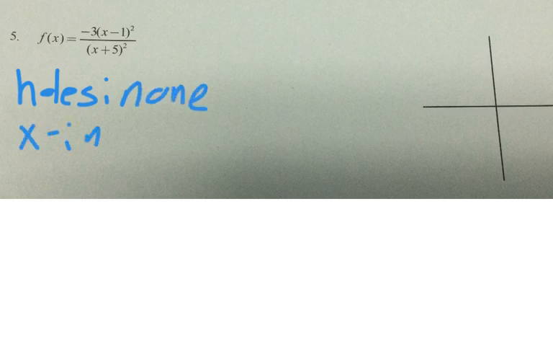Number 5 is already in factored form for me. So I start by looking, are there any common factors? There are not. That means there are no holes, which means the factors in the numerator give the x-intercepts. So there's an x-intercept at 1, 0, and it's going to bounce because it has a multiplicity of 2.